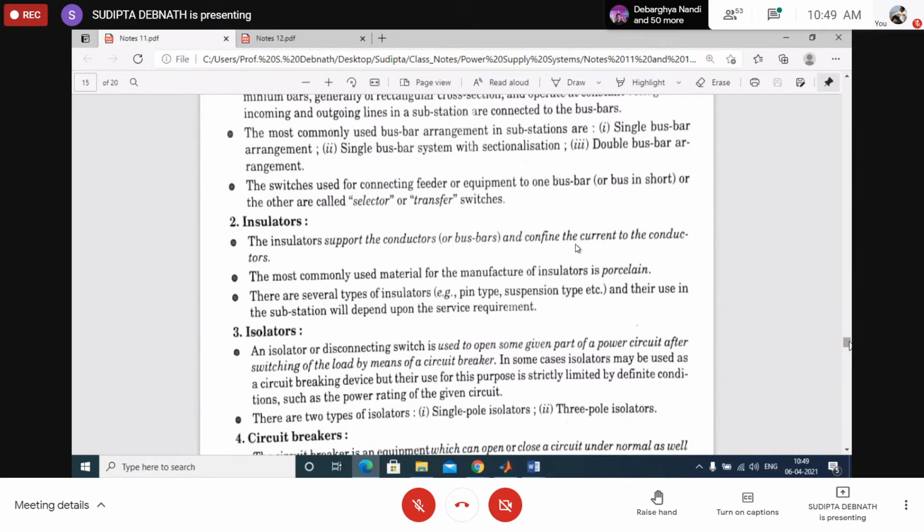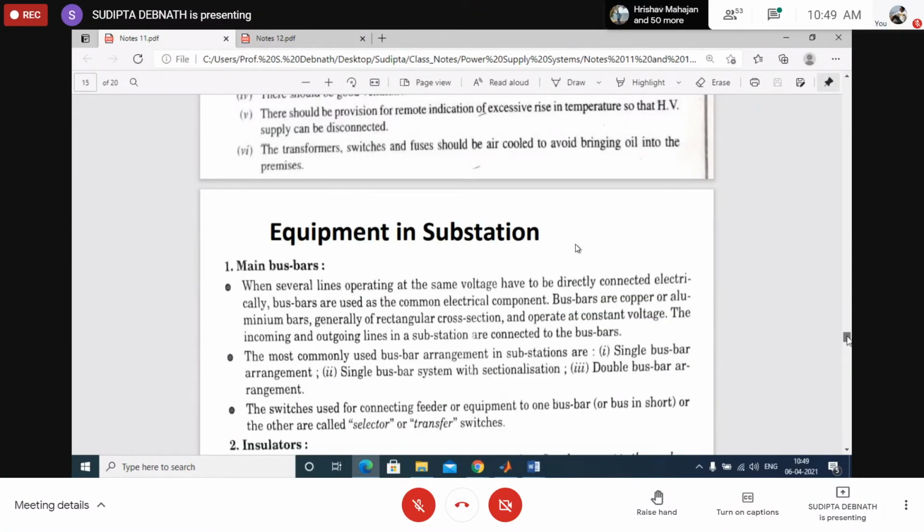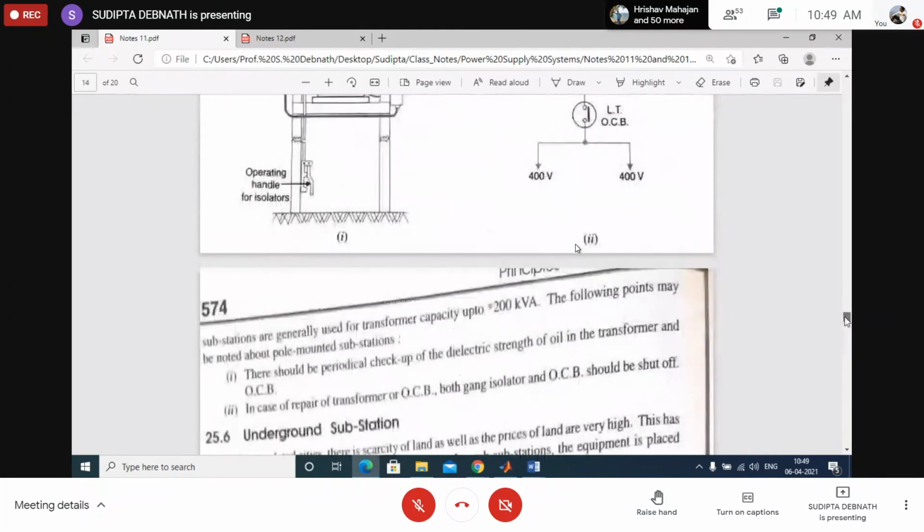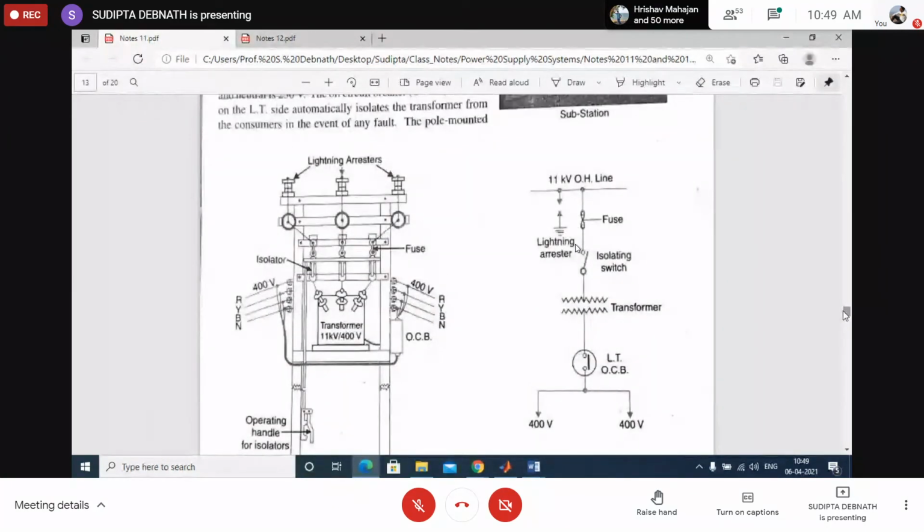Now, why is it said that it must be used when there is no power in the circuit? Because in a substation there are huge currents flowing. So when the current or the load is connected, if you just open this isolating switch, what will happen? There will be flashover, and there may be fire also. And also suppose the circuit is open and you want to connect the circuit. If you directly connect it, there will also be flashover. Why is that flashover taking place?